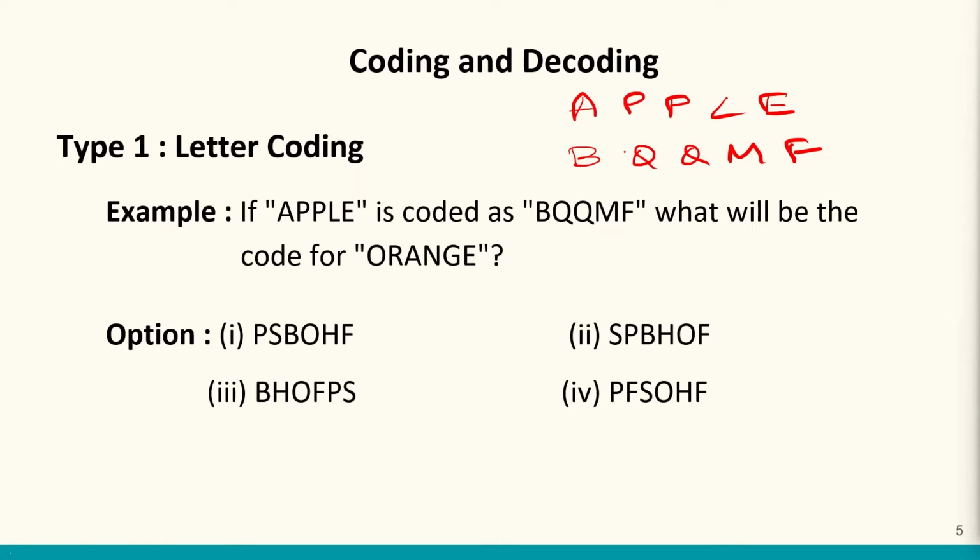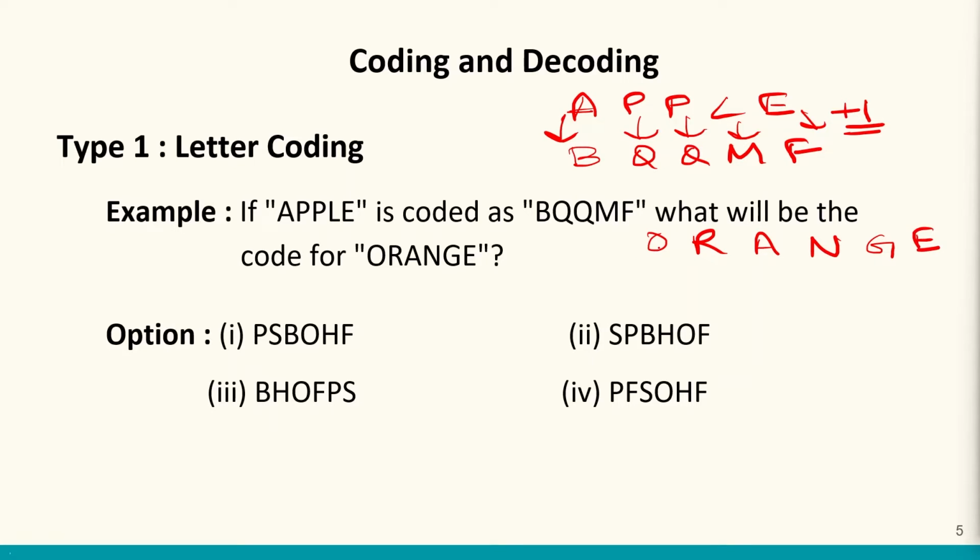Whenever we do this, it is easier for us to solve. I can see that these are moving one position forward. From A we are going to B, P to Q, L to M, and E to F. We are just moving one position forward. This is how this word is coded. So we will follow the same logic for orange also.